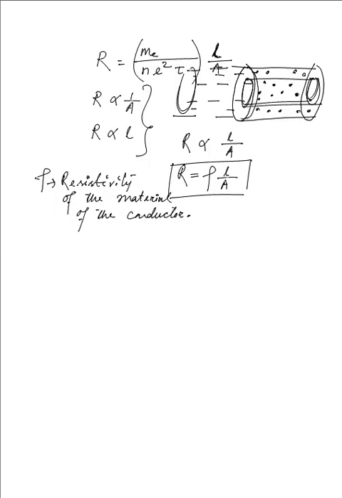What does that mean? The resistivity is the property which gives resistance to the conductor, and the resistivity does not change. That's the best part of it. The resistivity does not change while the conductor's length or area of cross section may change, affecting the resistance.